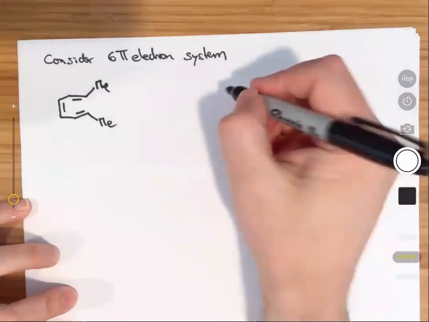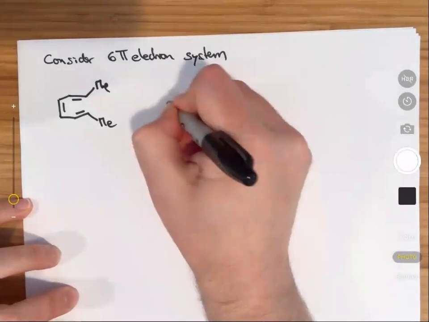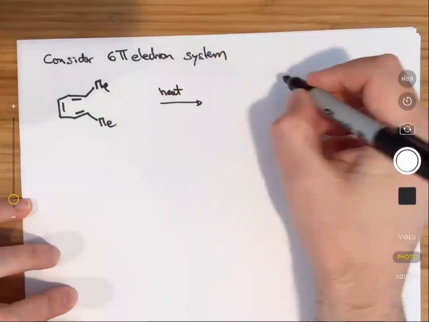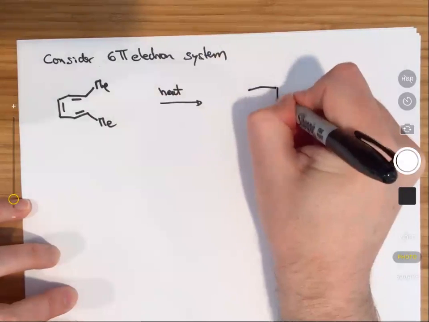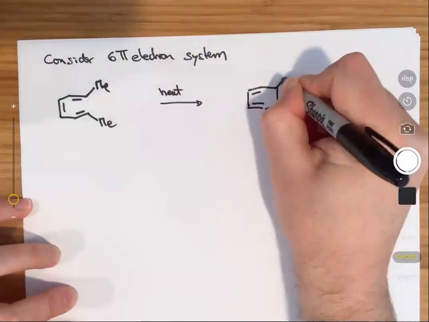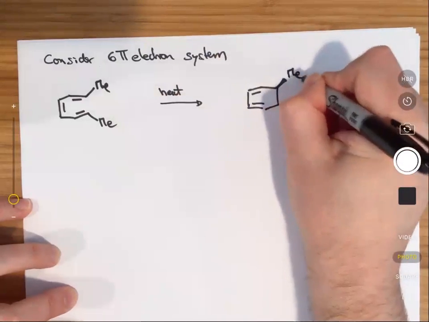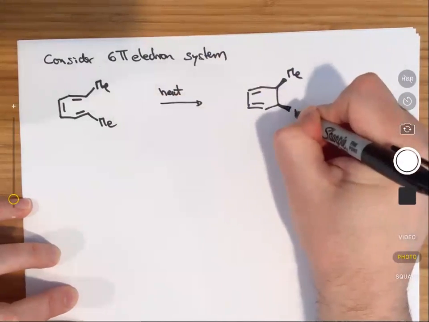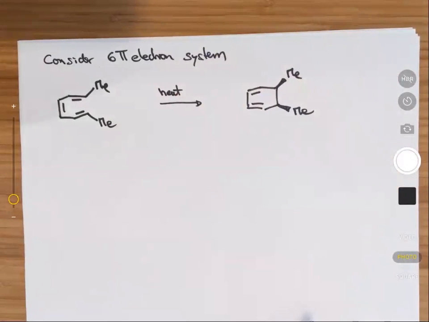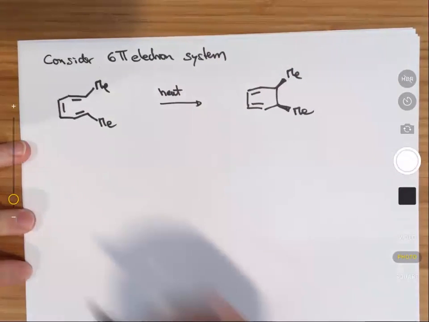So we know already that the product of this reaction, if we just heat it up, is going to be the one that places the substituents on the same side. So we know that this is going to be the product, but we want to just double check whether this still works with the molecular orbital analysis that we have done previously.